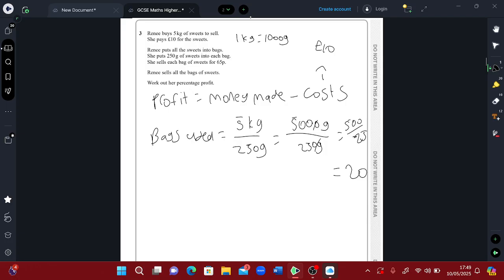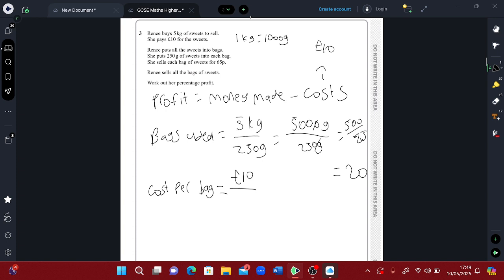Okay, but now we know how many bags to use, we can work out the cost per bag, can't we? I think that will help. We know there are 20 bags in total, and we know she pays £10 in total, right?